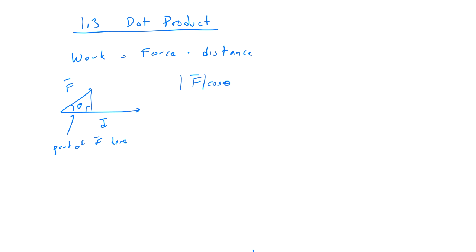The length of F times cosine of theta. And then I multiply by how far I moved it. Right? So since that comes up a fair amount, we're going to do a definition.